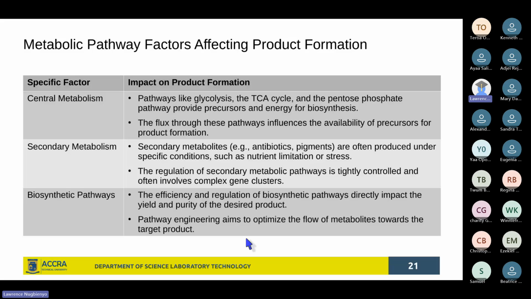But if you have the substance, because we have seen regulation, even inside biosynthetic processes you have the products acting as inhibitors, giving feedback inhibition to these enzymes to stop the process. You have to control all of these things with some serious engineering optimization to have the flow of metabolites towards the target product.